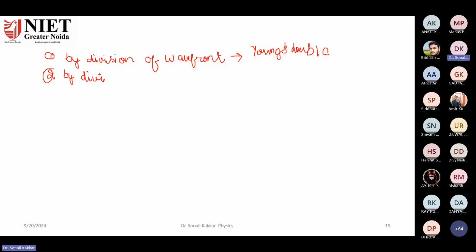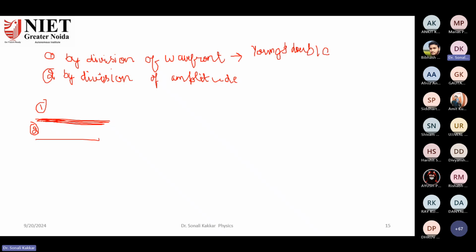You understand why it is called division of wavefront, because the same wavefront is divided into two portions. Now in division of amplitude, we will have two mediums, medium 1 and medium 2. It can be any medium. There is an interface between these two mediums.